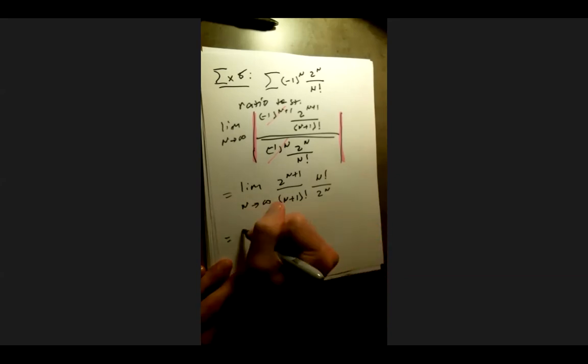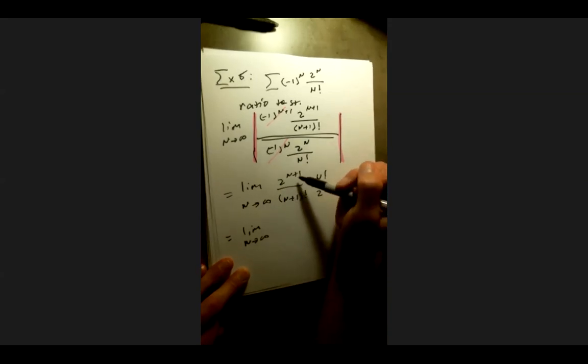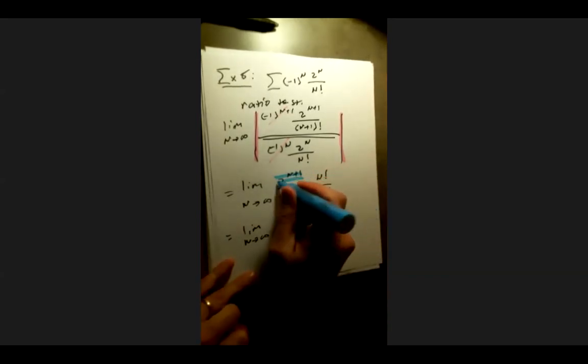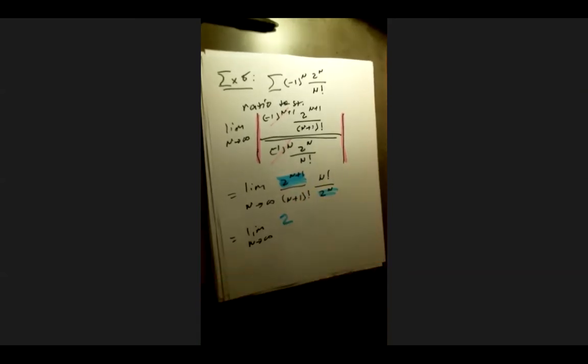Which simplifies to 2^(n+1) over 2^n is what? Two, right? So that's 2.